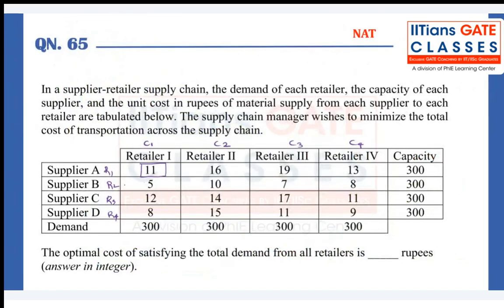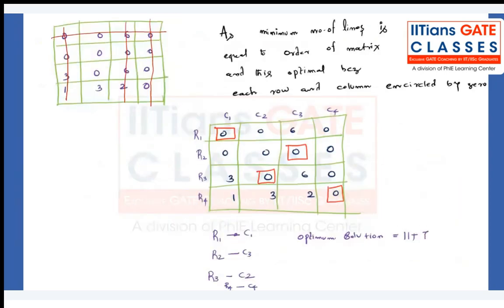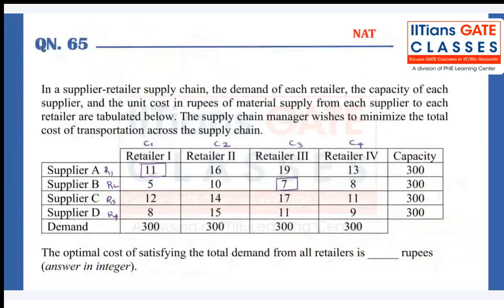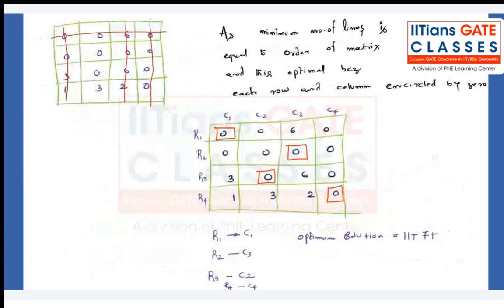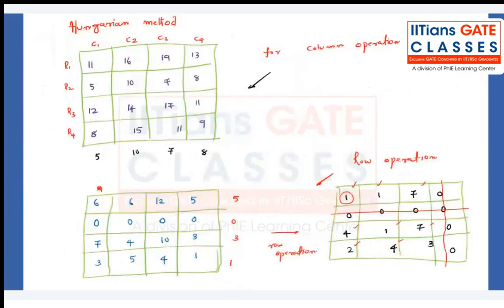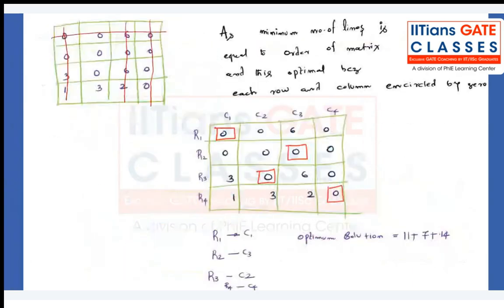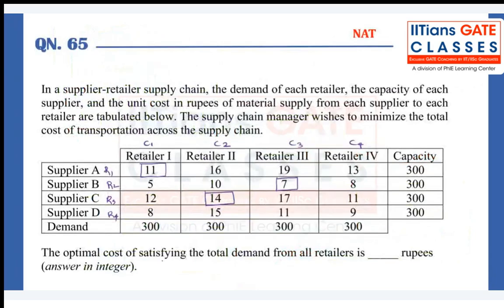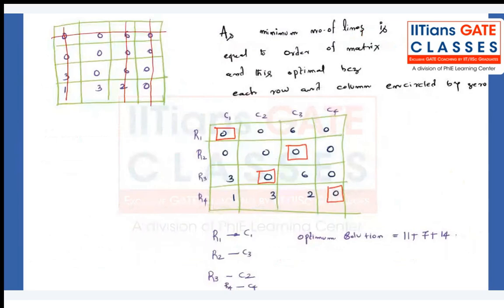R2 C3 is 7. Add this one, 7 plus next R3 C2. This is the value. Then we just add this plus 14. Next R4 C4 is 9, plus 9. Right.